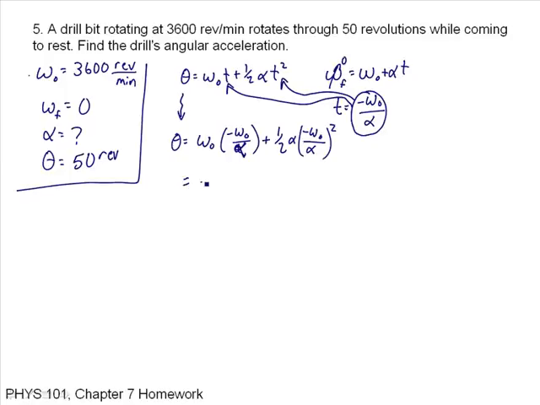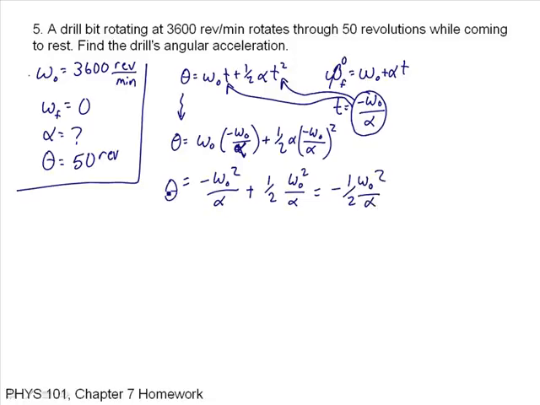So this gives me negative omega naught squared over alpha plus 1/2 omega naught squared over alpha. I factored out one of those alphas. And so that is equal then to, let's see, negative 1/2 omega naught squared over alpha.